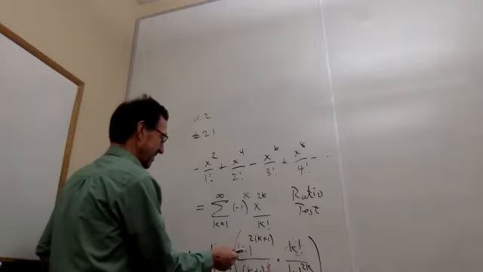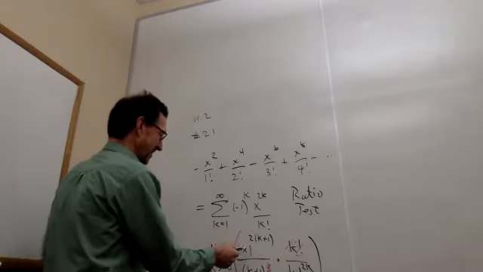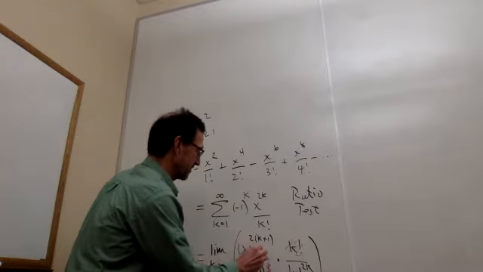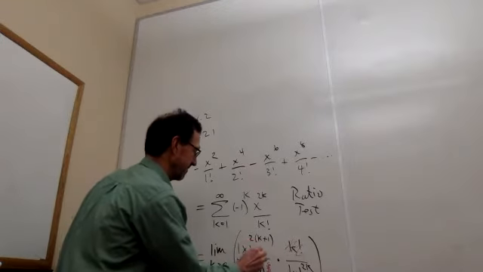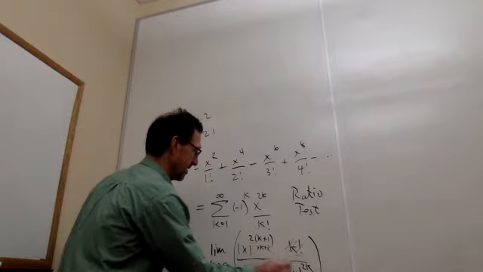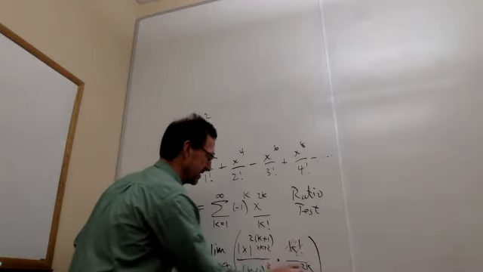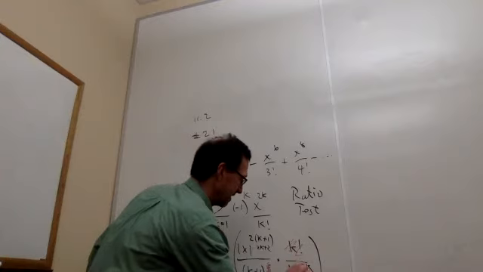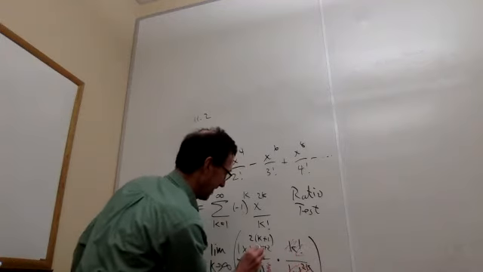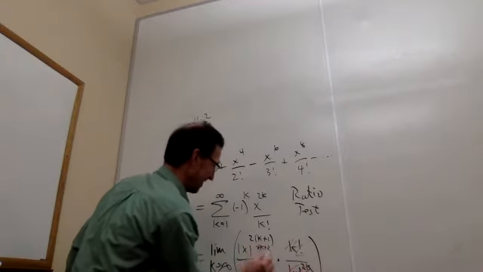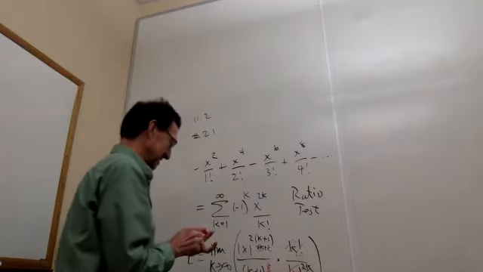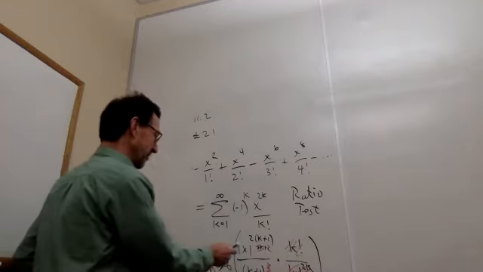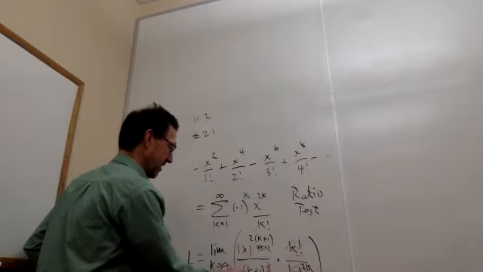And then, if we look at our powers of x, if you distribute this out, we have 2k plus 2, right? And here we have 2k, so the 2k's cancel. All of these are right there. And it leaves those 2 extras. You see that? So we end up with the absolute value of x squared over k plus 1.